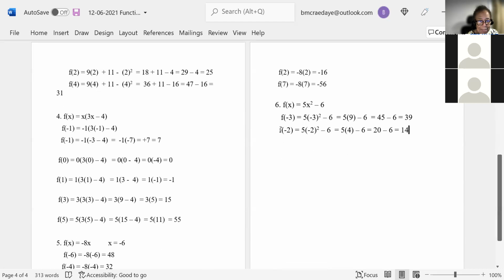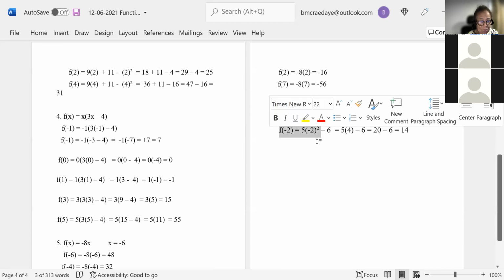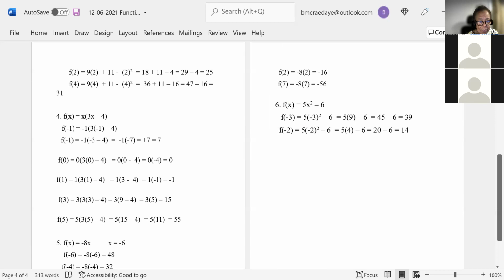So let's just take this and put 0 instead of the minus 2. Let's copy that. And then f of 0, the input is 0. So change that minus 2 to 0. Change the input here to 0. Okay.